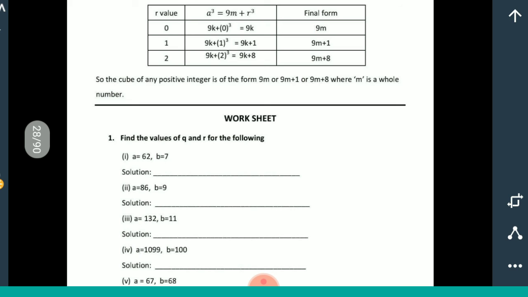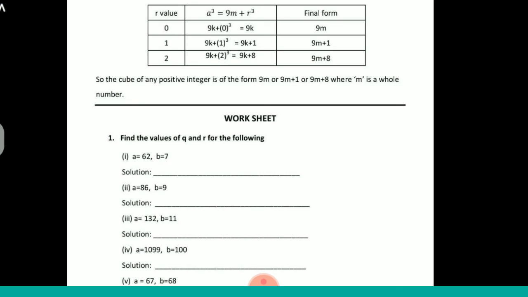If r is equal to 1, 9m plus 1 cube is 9m plus 1. And r is equal to 2, then 9m plus 2 cube, 9m plus 8. So the cube of any positive integer is of the form 9m or 9m plus 1 or 9m plus 8, where m is a whole number. So like this you can do these types of sums, practice well.